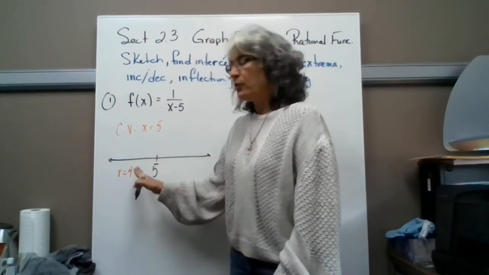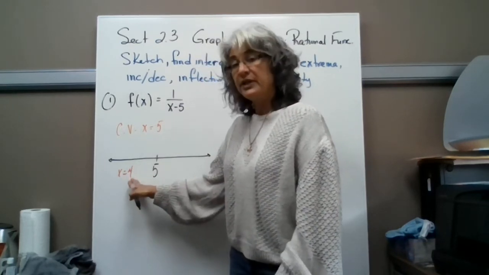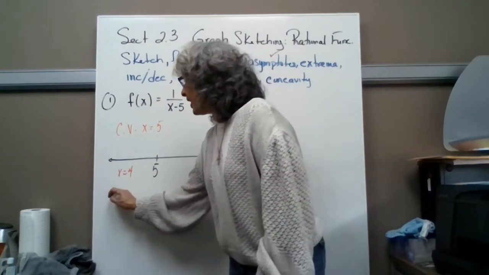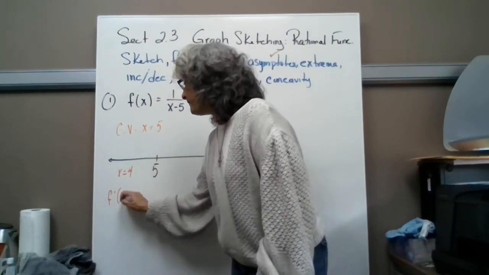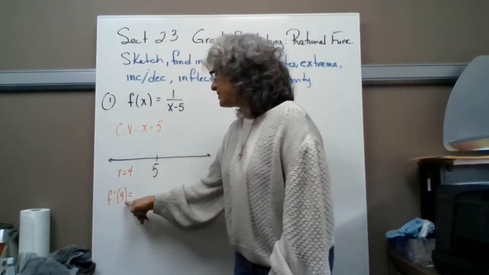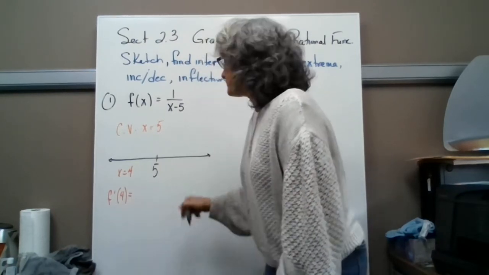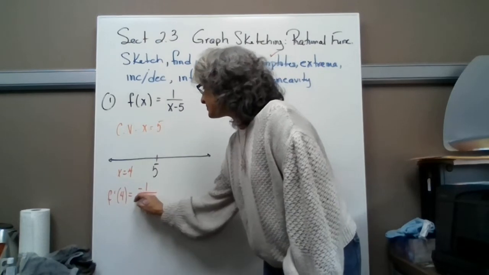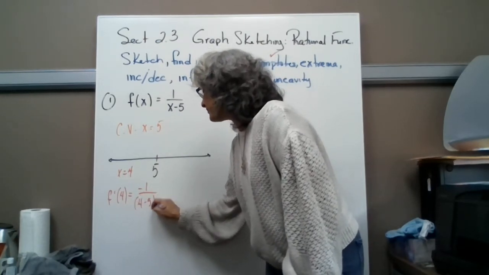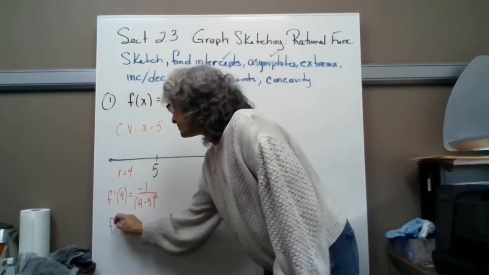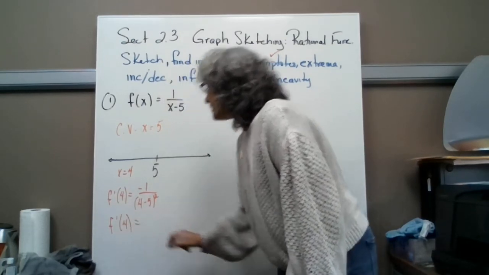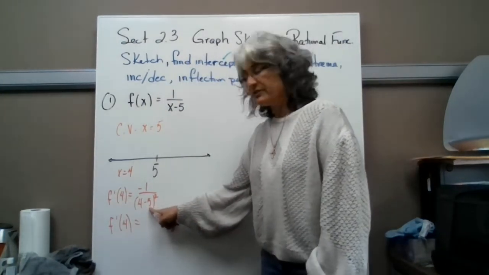Now remember, when you're testing, you plug it into the first derivative. So I am going to find the value of the first derivative when x equals 4. So 4 minus 5 squared. I simplify this, and I get negative 1 down here.